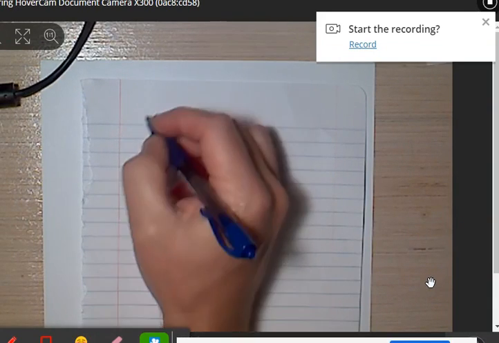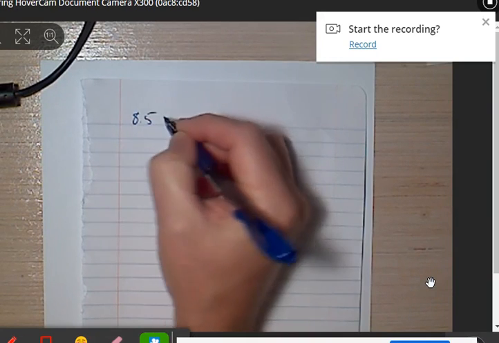All right, so with chapter 8, we're in 8.5, and it is conditional probability.